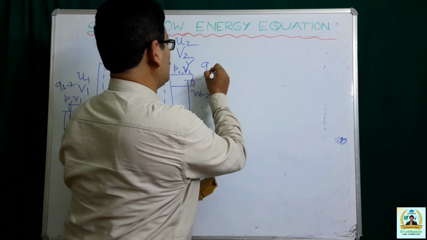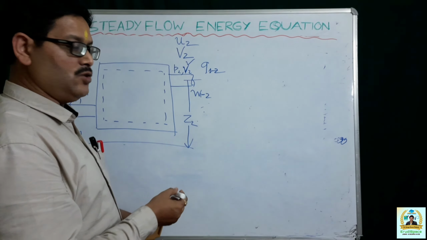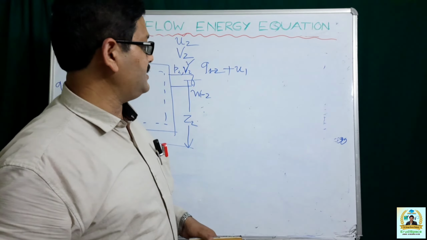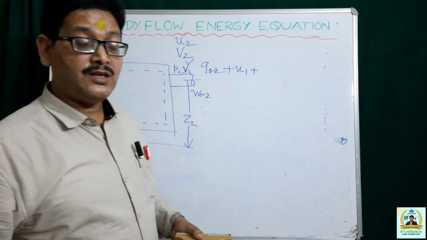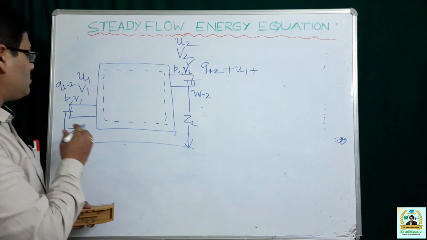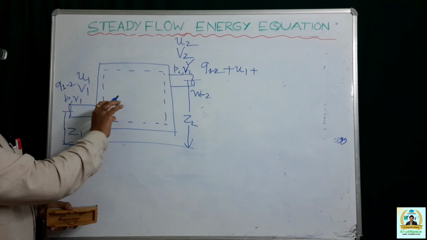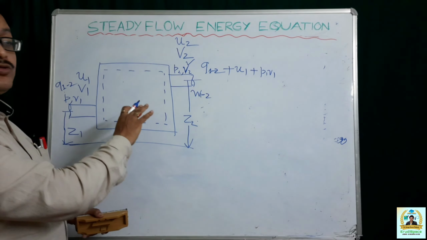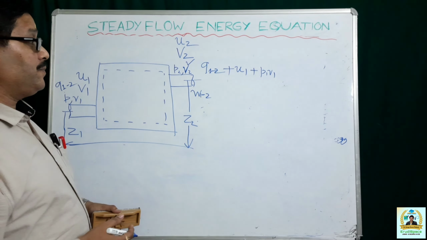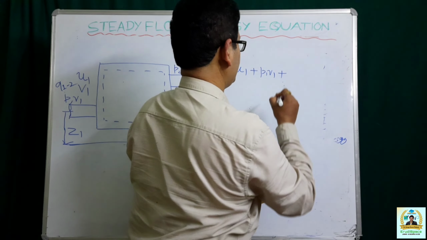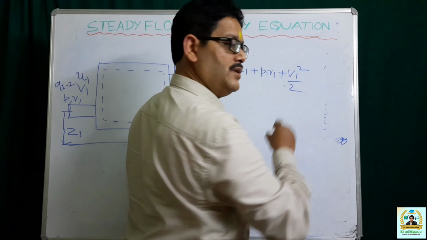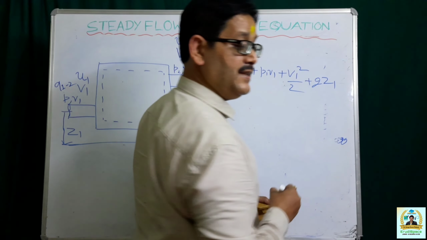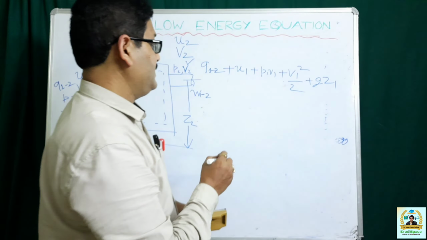If Q12 is the heat supplied, this is Q12 plus the specific internal energy at entry, small u1, plus we have to consider the flow work or flow energy, that is the work done in pushing the working substance into the control volume, P1 v1, which is analogous to the displacement work when considering a closed system, plus V1 square by 2, the specific kinetic energy, plus gZ1, the specific potential energy, at the entry.